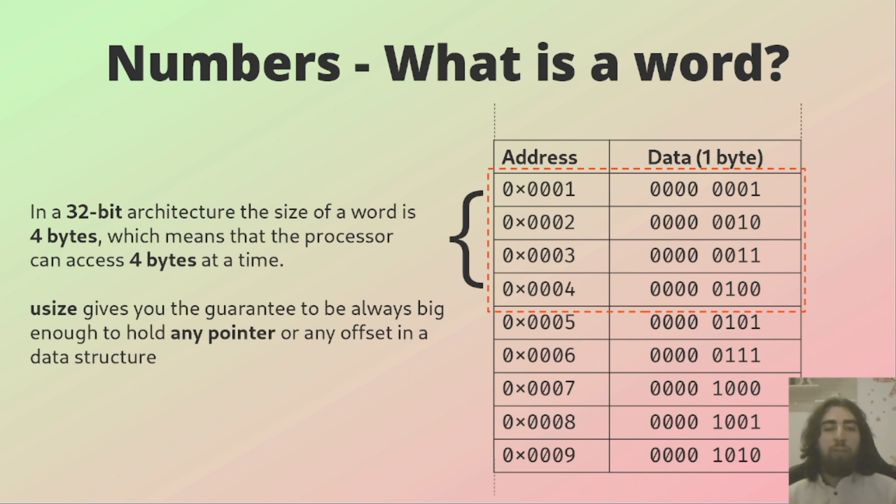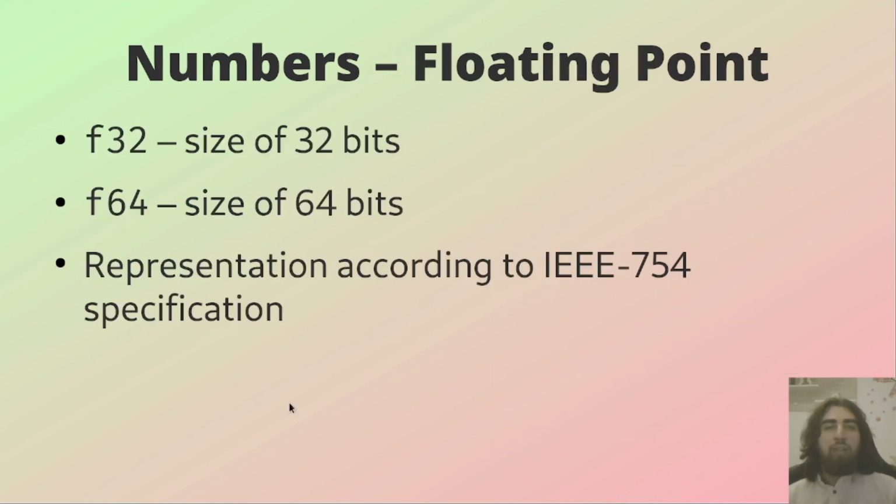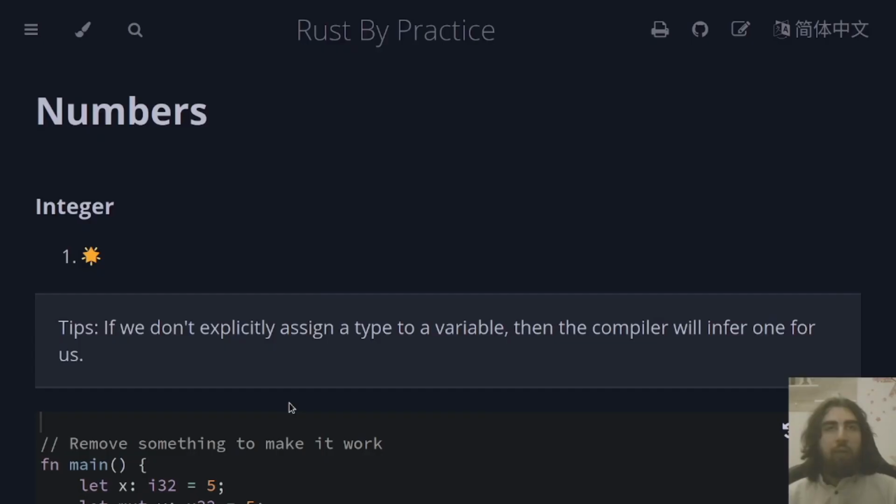That's very important. So let's see floating point. There are two types, F32, which is of size 32 bits, and F64, which is of size 64 bits. The representation of these floats is according to the IEEE 754 specification. So let's look at some exercises.